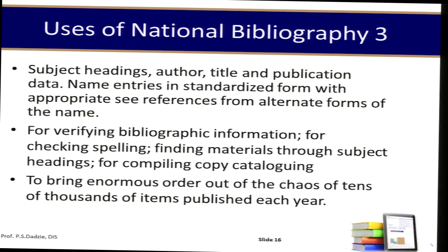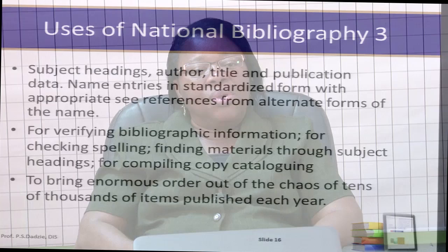Additionally, it brings enormous order out of the chaos of tens of thousands of items published each year. Every year, many people are publishing. So if you don't have the National Bibliography to control what has been published, you would realize that your intellectual property is lost and gone forever.